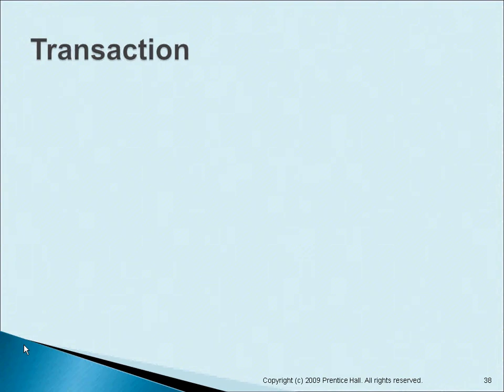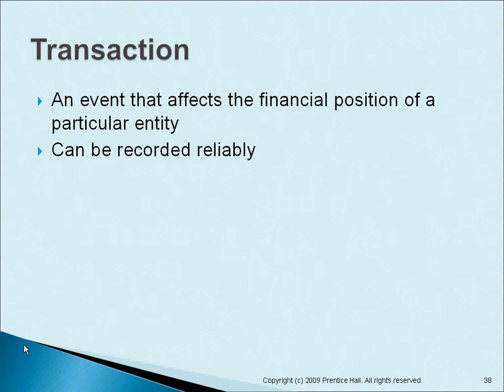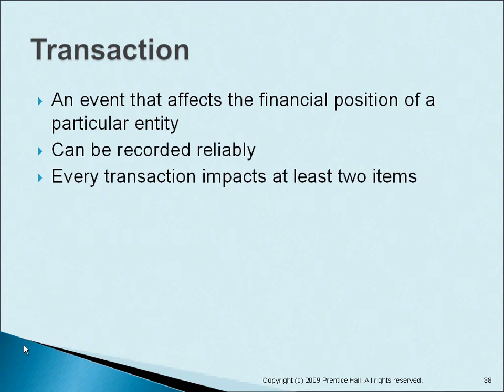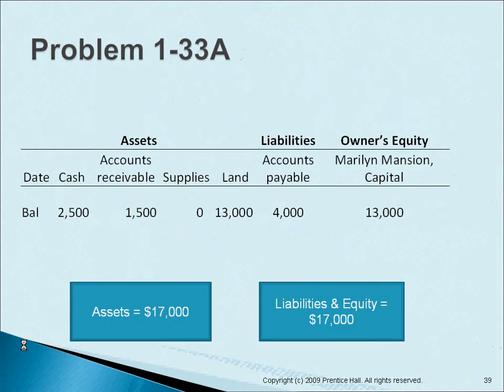Let's see. Marilyn Manson owns and operates a public relations firm called GAAP. The following amounts summarize her business transactions on August the 31st of 2011. She had cash, accounts receivable, supplies, and land, which totaled $17,000.